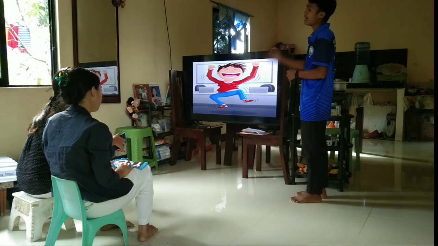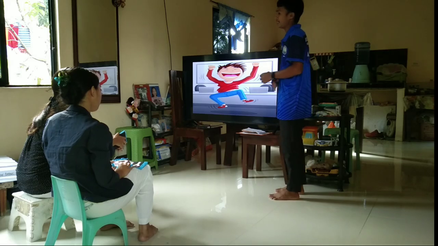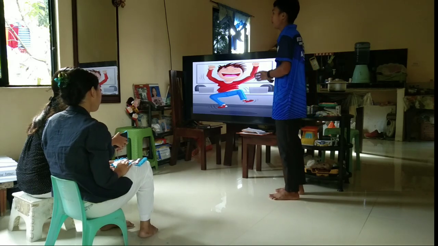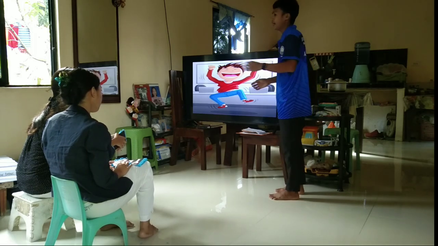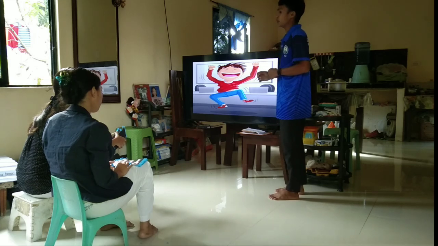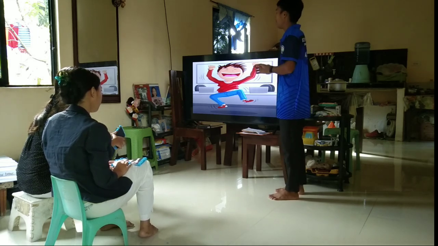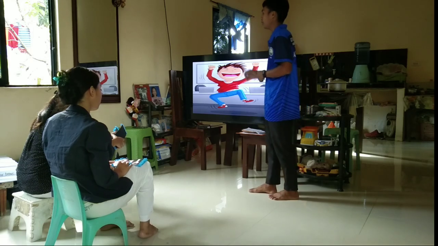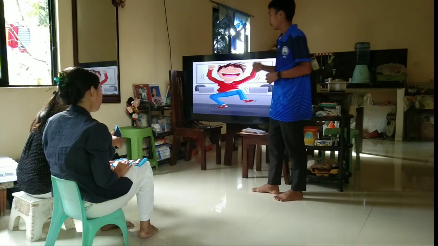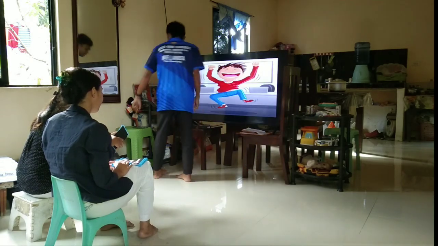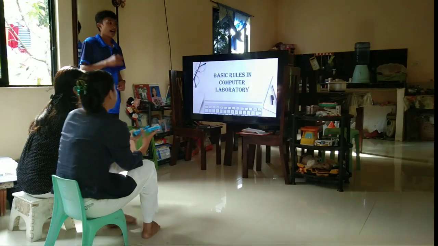It is not proper to play inside the computer laboratory because you might mess up something important or you can damage the monitor or some parts of the computer. Okay? So we are done with our activity.